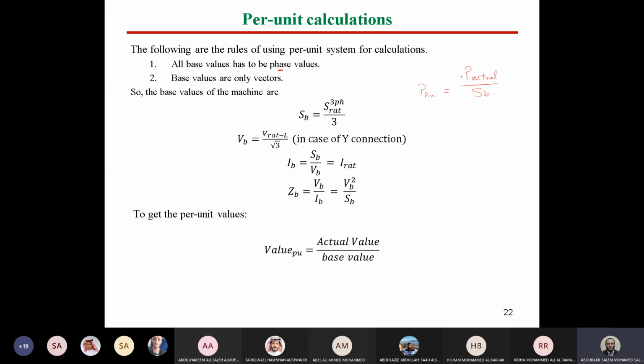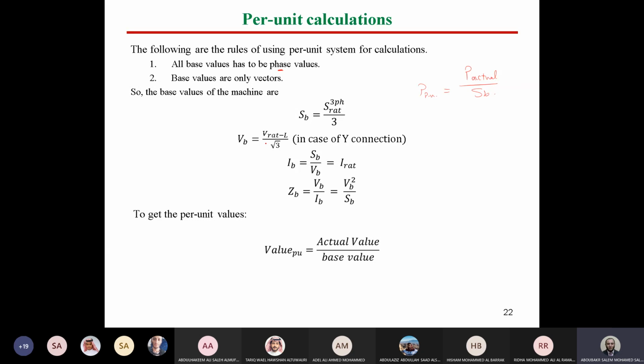So there is nothing called P base or Q base, because the base value will be a vector all of the time, and P and Q are not vectors. P and Q are the real and the imaginary parts of the vector. These are the two important notes when we solve problems in per unit.